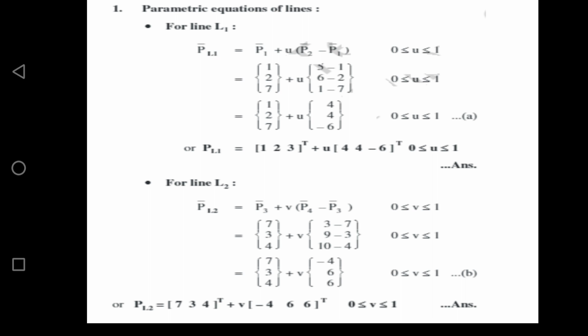We just have to write it down in a column matrix: P1 is 1, 2, 7 plus u into P2, which is 5, 6, 1, minus P1. So the parametric equation of line L1 is equal to the transpose of 1, 2, 3 plus u into the transpose of 4, 4, minus 6.